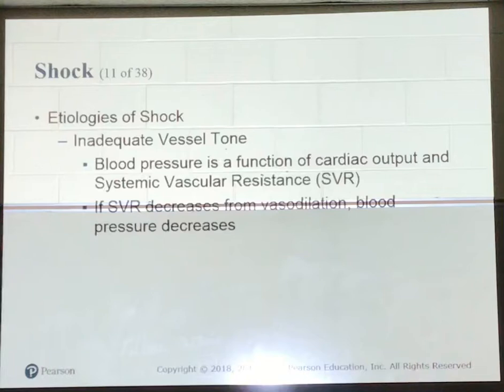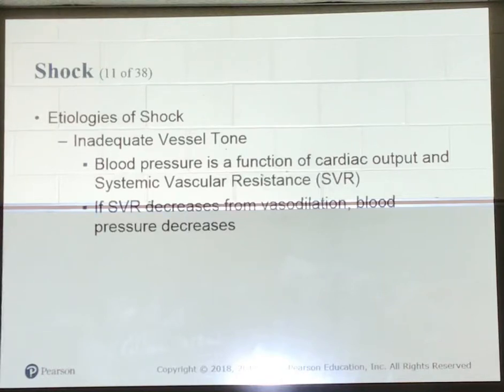All right, vessel tone. The tone is related to the size of the vessel and the resistance created within it, and is referred to as the systemic vascular resistance or peripheral vascular resistance. All right. A lot of these older people, they will have peripheral vascular disease.